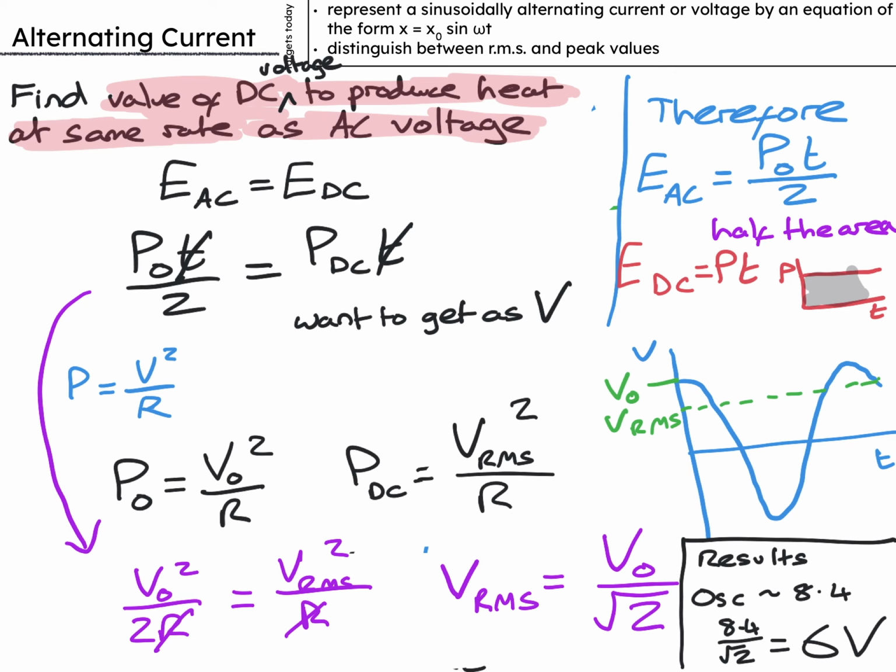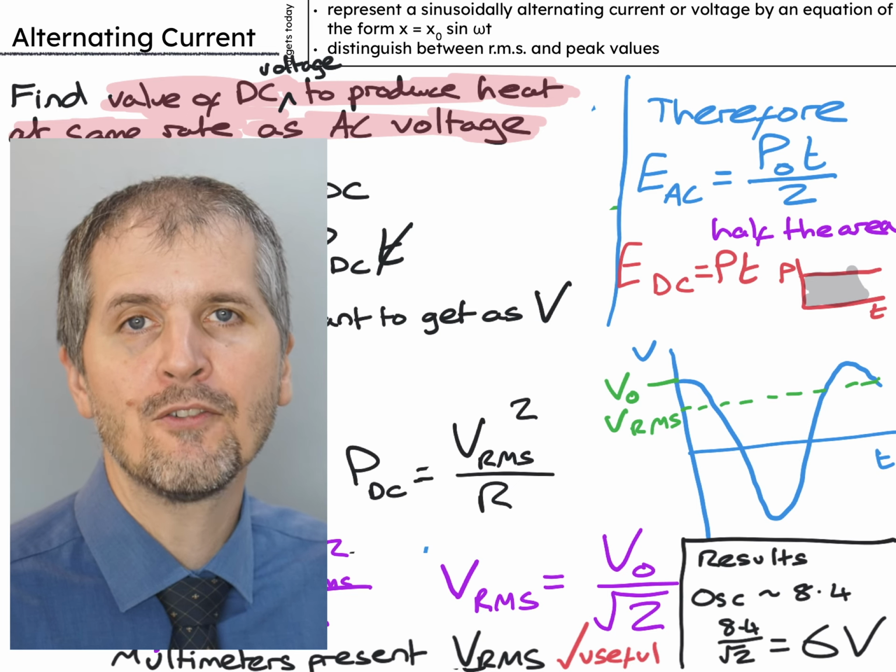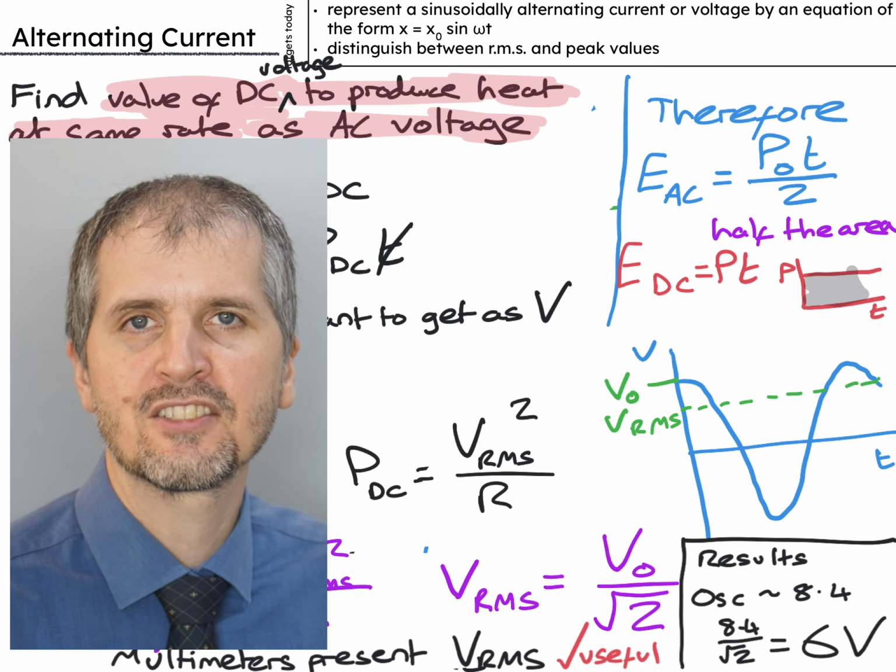That's pretty close to what the multimeter showed us. So the multimeter was not broken, it just told us the RMS voltage instead of the peak voltage. And it did that because it is more useful, as it allows us to compare AC and DC circuits more easily. Oh, and it's called RMS voltage because it's a square root of the time average of the voltage squared.